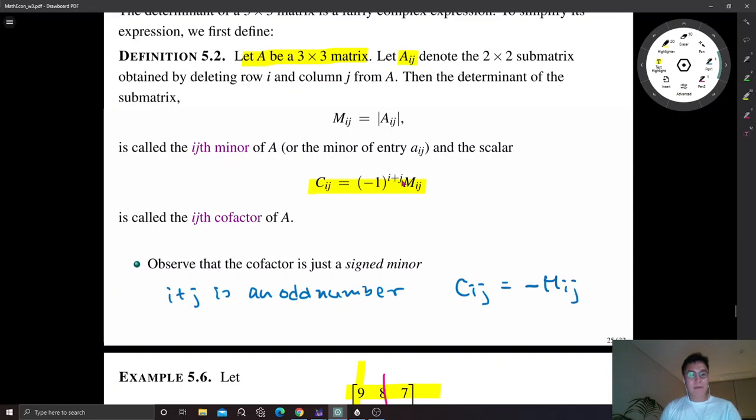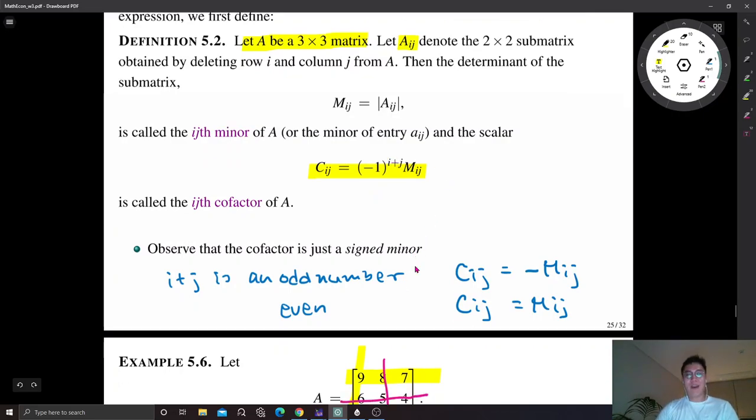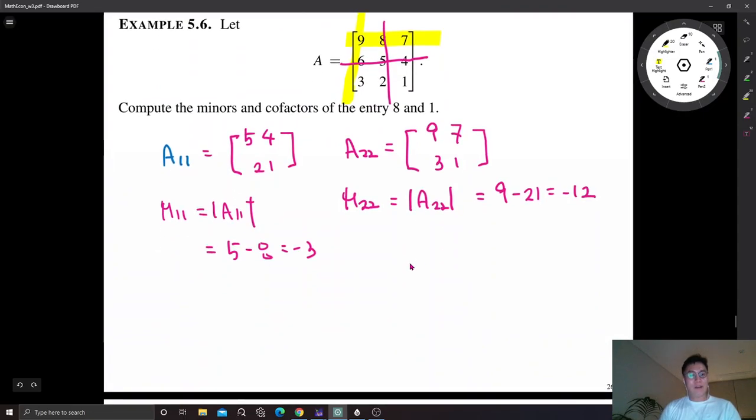And if i plus j is an even number, then C sub ij is the same as the ijth minor. Because this negative 1 to the power i plus j just changes the sign of the minor. So I can compute the cofactor from each minor.